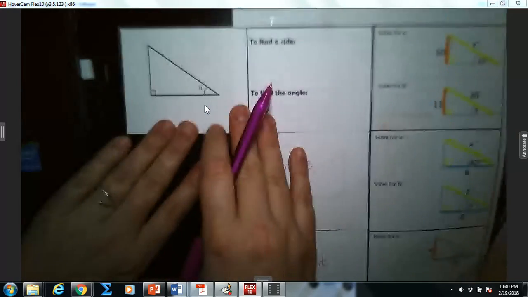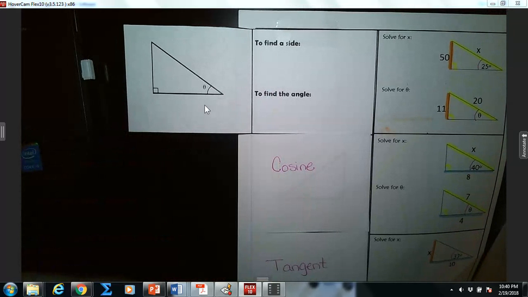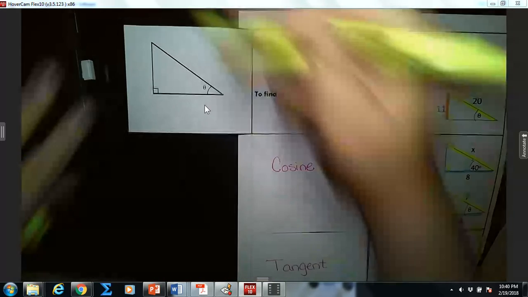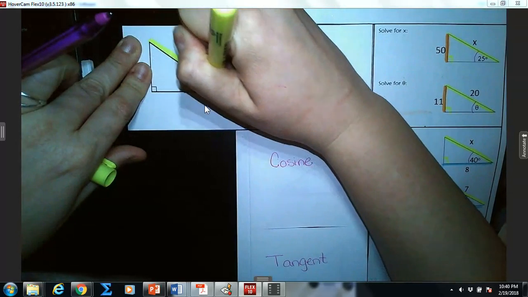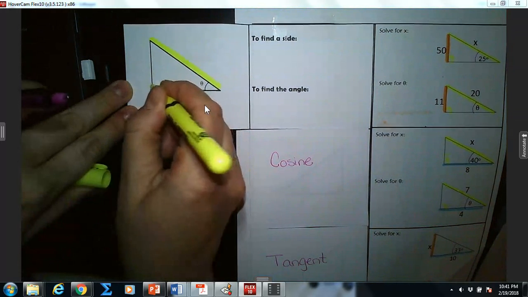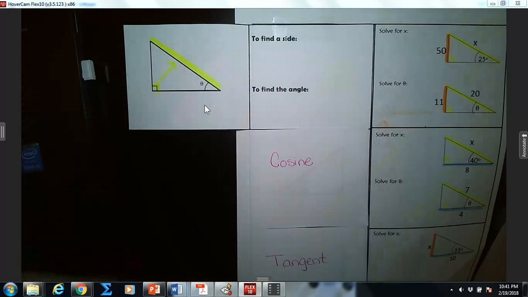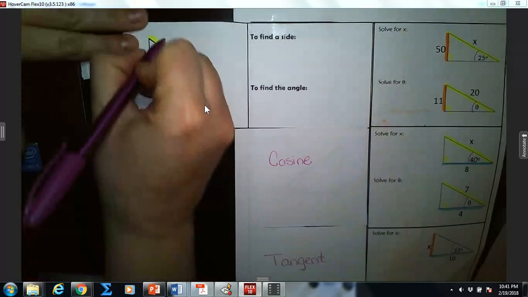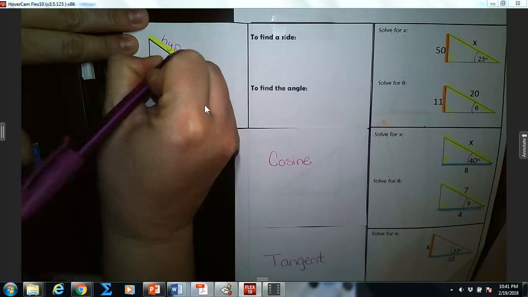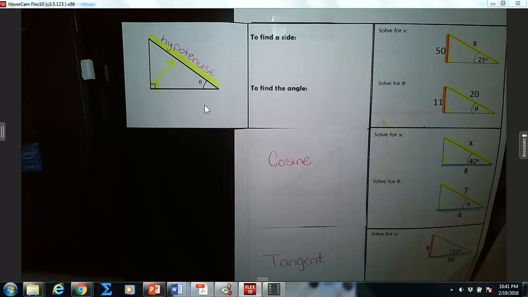Okay. On our triangle, we're going to use sine if we're dealing with the hypotenuse. So I want you to label the hypotenuse again. Told you it's all about recognizing and labeling. Hypotenuse are always opposite of this right angle. And that is going to pair up with the opposite leg.